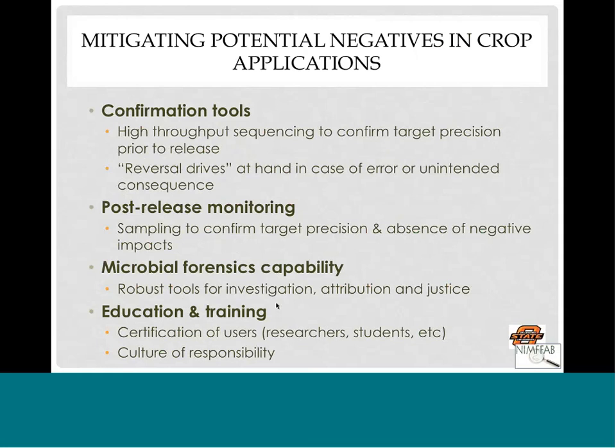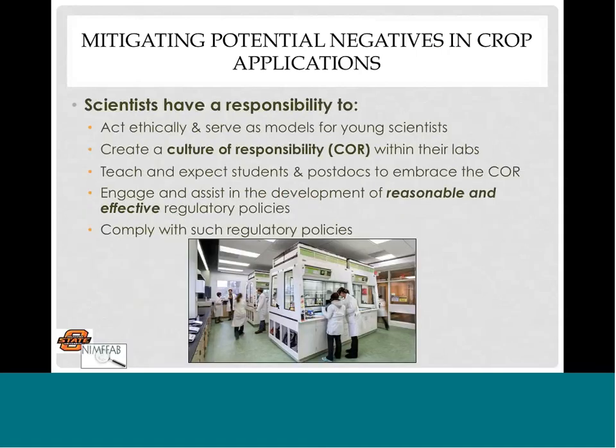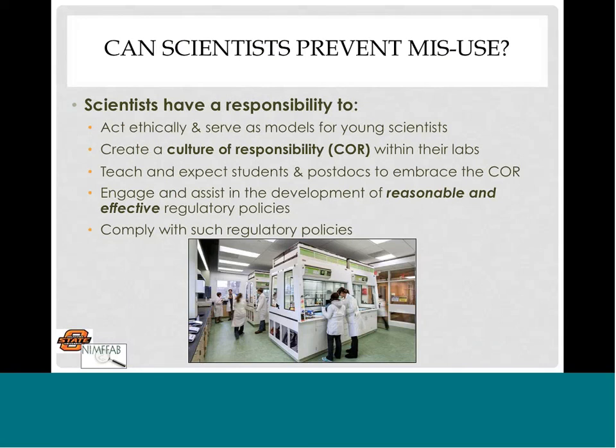Monitoring post-release to continually confirm the precision and the absence of negative impacts. And then having robust tools for investigation in case of intentional misuse for attribution and justice. And of course, Ed, you mentioned too the education and training for both users and students and practitioners.